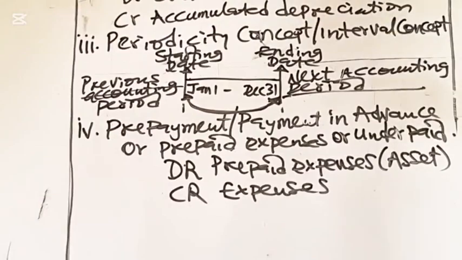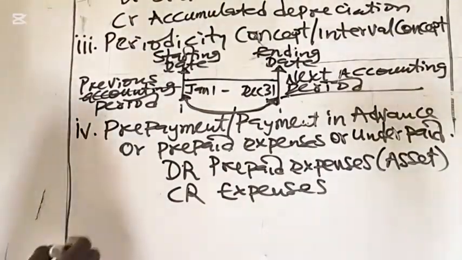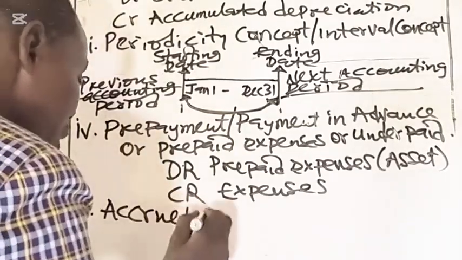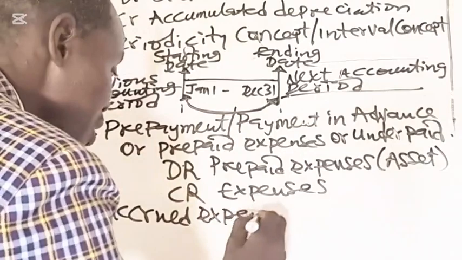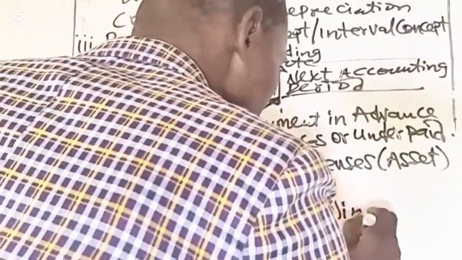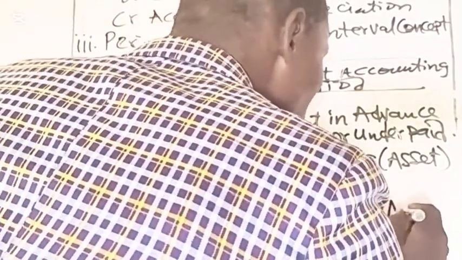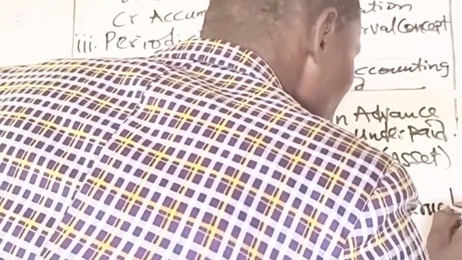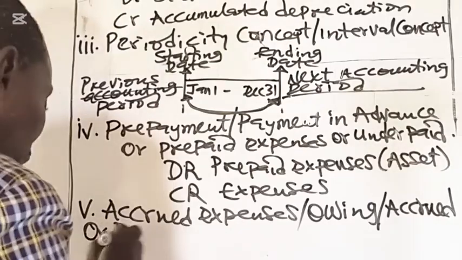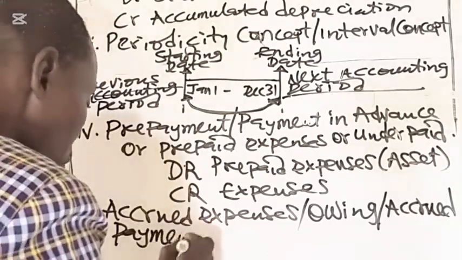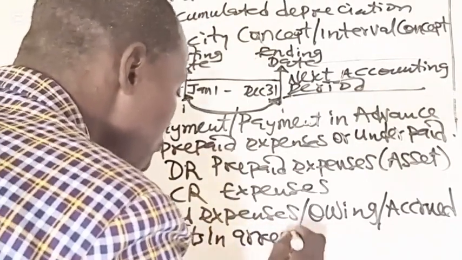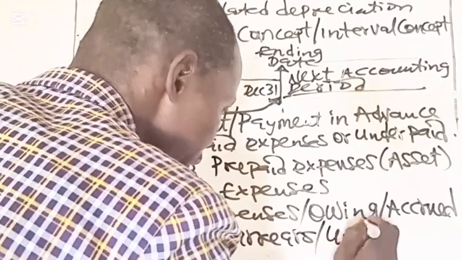Now, the next item I'm going to examine is accrued expenses. Or owing, or accrued, or payment in arrears, or underpaid.